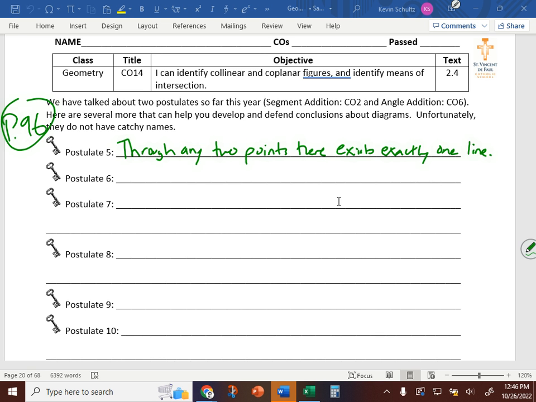Postulate 6. A line contains at least 2 points.